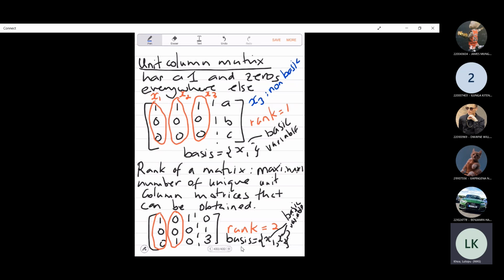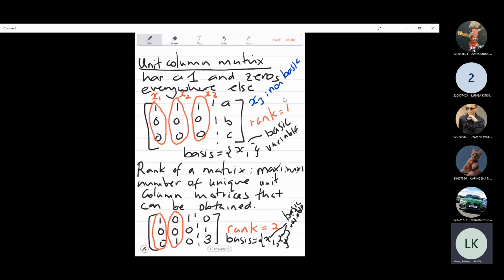Right, so remember what we are doing over here. We're trying to solve a system of linear equations. So we want to get a value for x1, x2, and x3. When we have the rank and the basic variables, we still want to give some type of answer and say x1 is equal to this, x2 is equal to this, and x3 is equal to this.